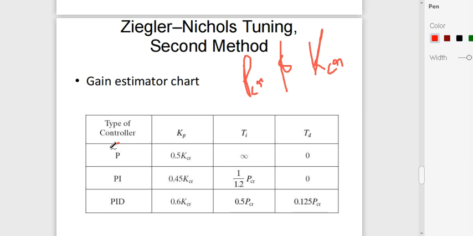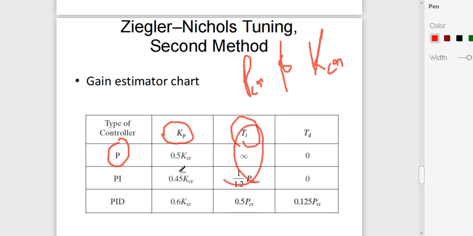First we discuss the P controller. In the case of P controller, the transfer function is Kp, where Ti is infinity and Td equals 0, and the value of Kp is 0.5 Kcr. In the case of PI controller, we need to tune both Kp and Ti, with Td equal to 0, and the value of Kp is 0.45 Kcr and Ti is 1 by 1.2 PCR.